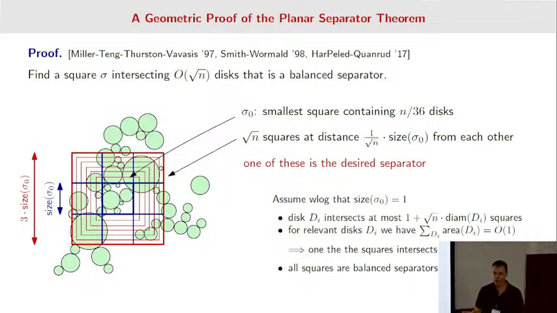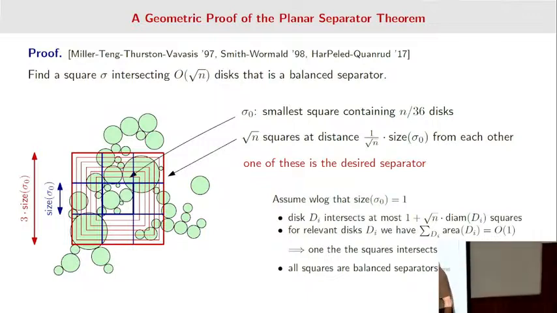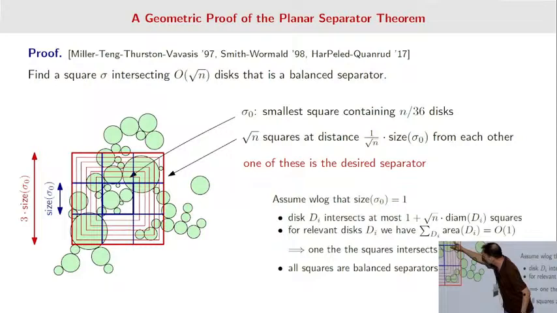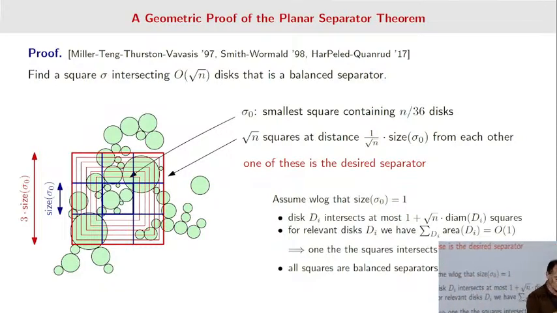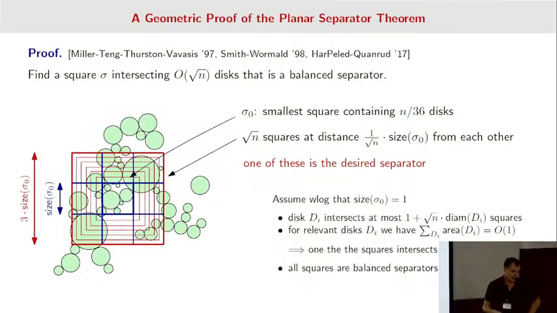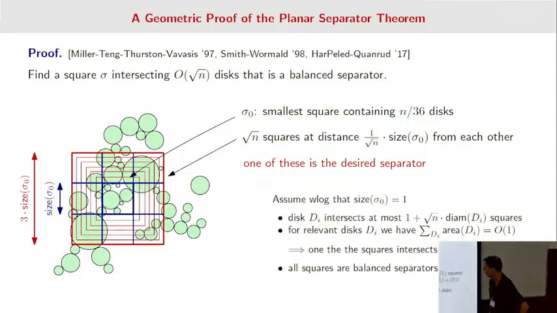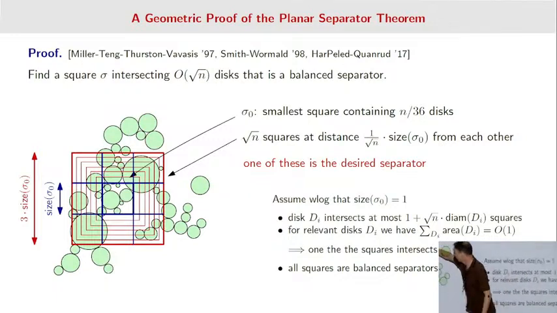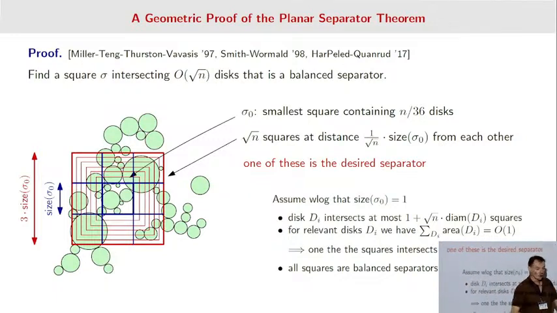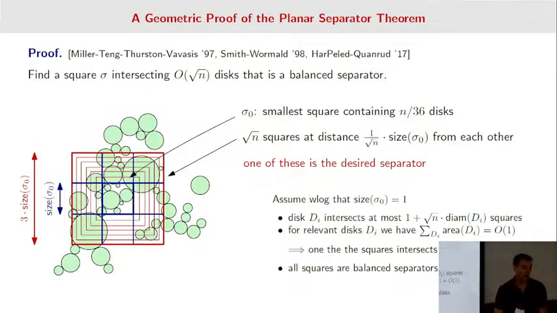And again, I'm lying a little bit because there are things intersecting two squares, so you have to be a little bit more careful, but this is the idea. So this is a very nice proof. It has been observed by a number of people. Actually, instead of doing this square root of n things, you could also take a random square in between those things, and it works as well.